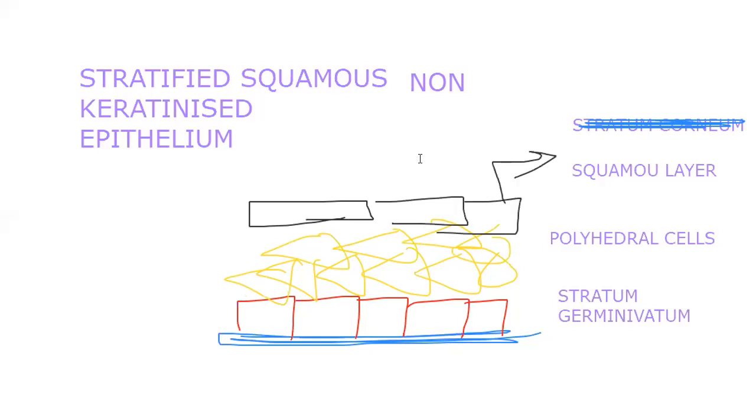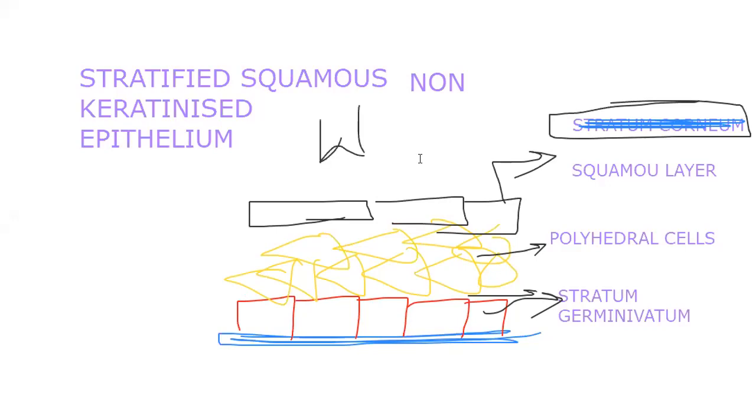Squamous layer is there, polyhedral cells are there, stratum germinativum is also there. What is not there? Stratum corneum. No keratinization, no death of the cell. That's why these are present at the wet surface.